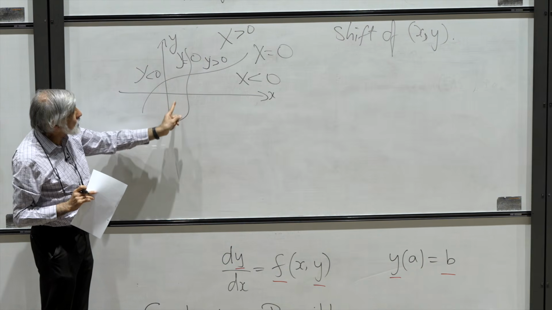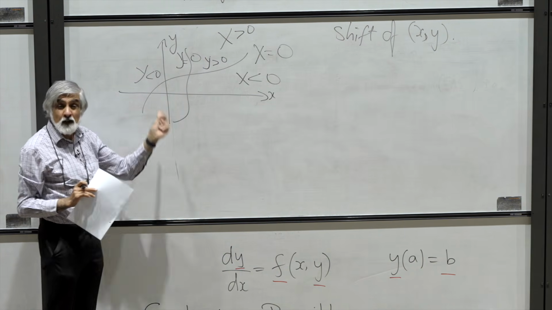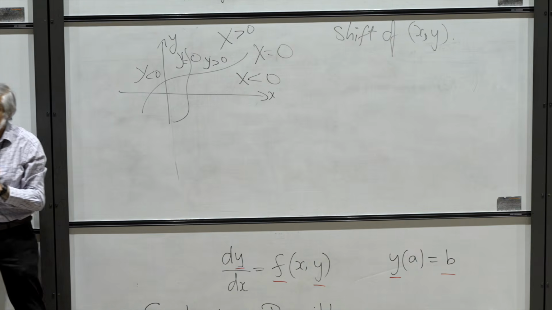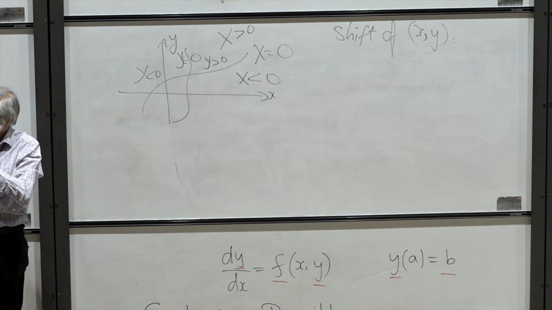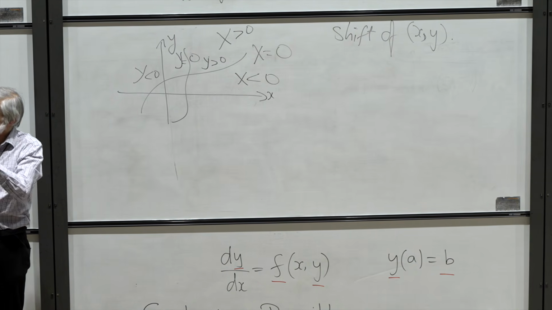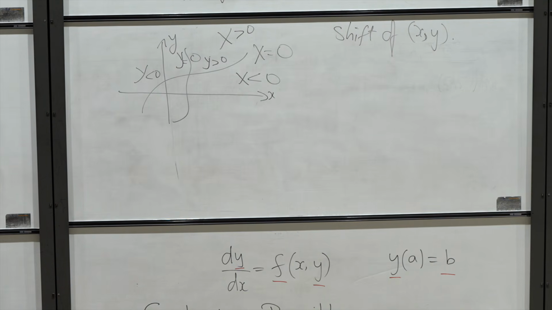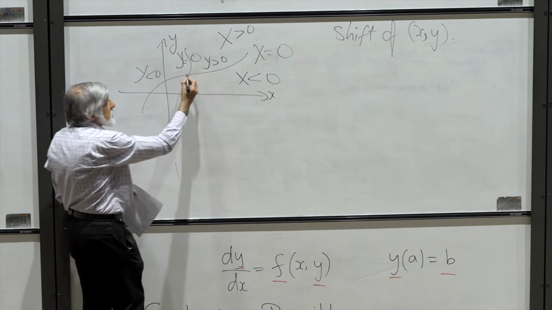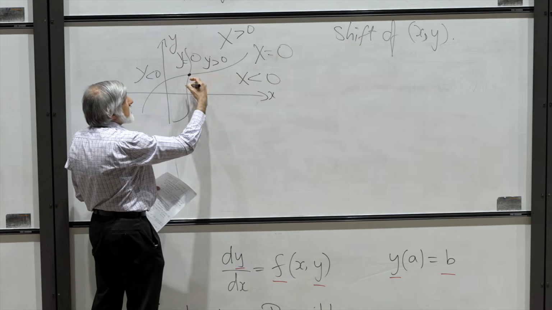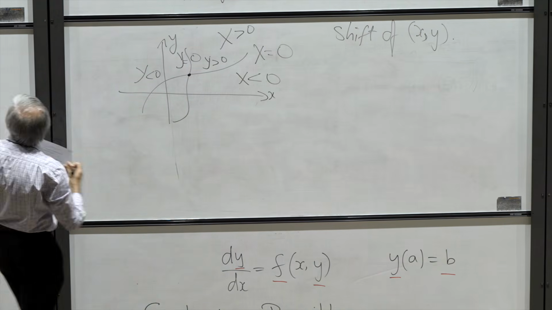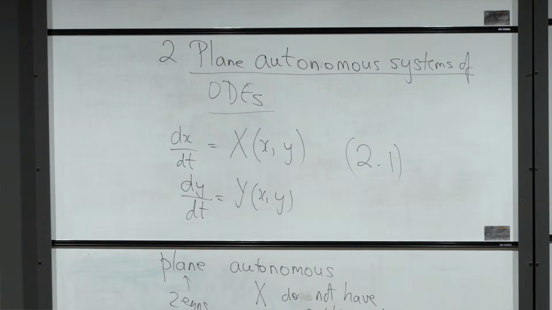So all I need to do then is just join those directions up, and that'll be my phase trajectory. And now the question is, how do I do that? And the first thing we do is we look at points like this. This point here where big X and big Y intersected with each other. And that's called a critical point.